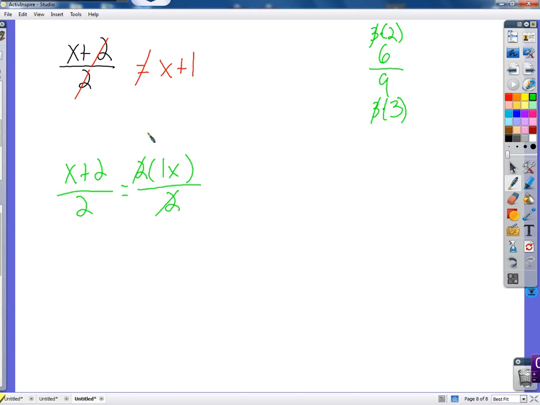And so the answer to this question is very important. Is 2 a factor of the numerator? How do we know that? How did we just prove that it's not a factor of the numerator?